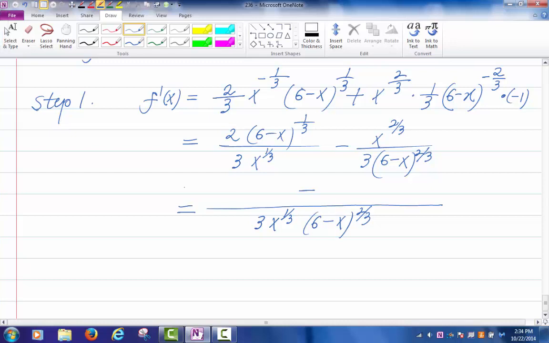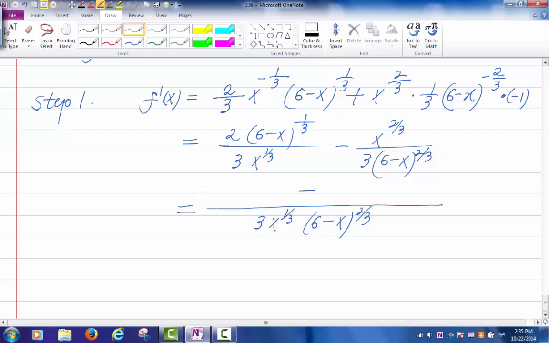In the numerator, I'll be subtracting one term from another. What would be the first? You're going to divide the common denominator by the first denominator. If I do that, what do I get?